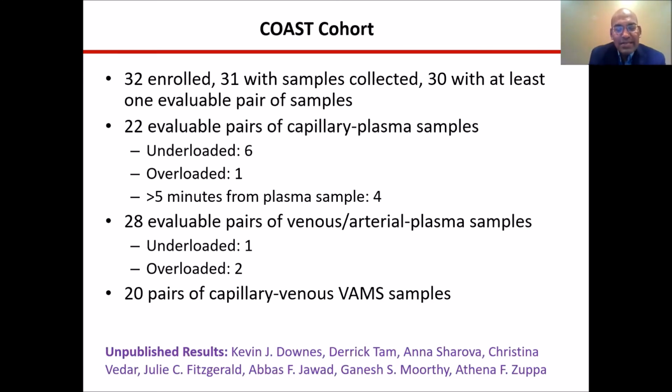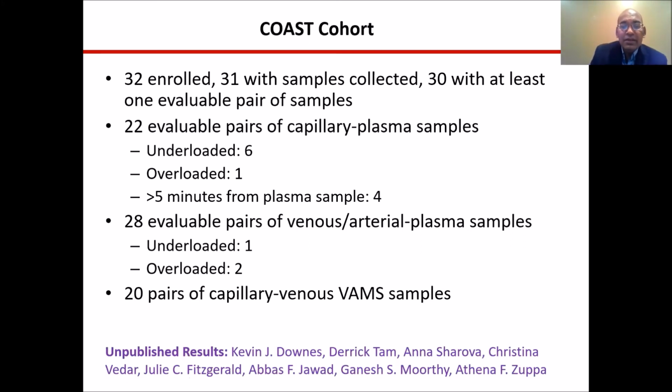Or in some cases, there are overloaded tips where the blood was much more than 20 microliters and visibly much higher, so we classify really by looking at the Mitra tips as underloaded or overloaded.